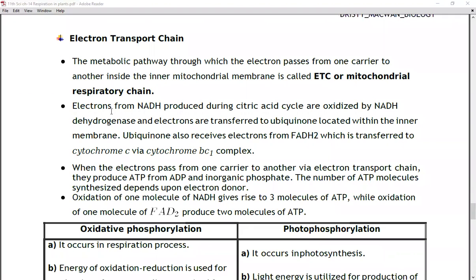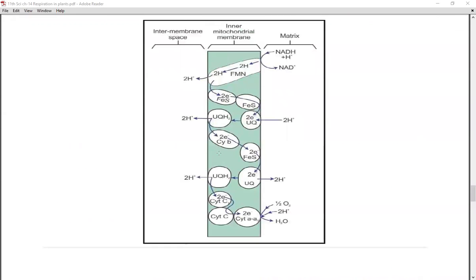Now, the electrons from NADH produced during the citric acid cycle are oxidized by NADH dehydrogenase, and electrons are transferred to ubiquinone located within the inner membrane. Ubiquinone also receives electrons from FADH2, which are transferred to cytochrome C via the cytochrome BC1 complex. As we have already seen over here, you can see the entry of the protons from here also and here also, right?